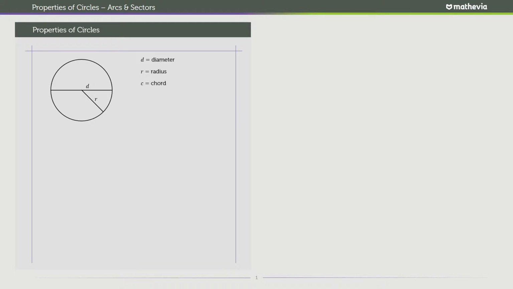And then we have chord. I think everybody's familiar with radius and diameters, but what about chords? A chord is a line that goes from one point on the circumference to another point on the circumference. It's a line that divides the circle into two unequal parts.